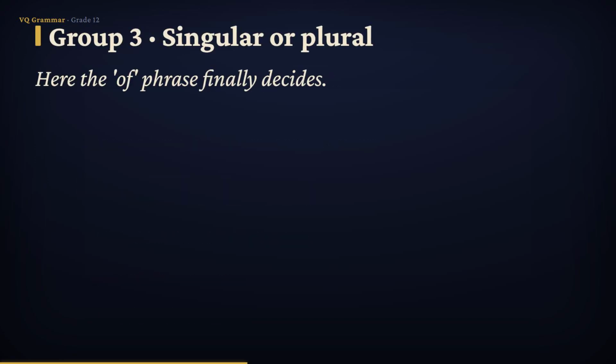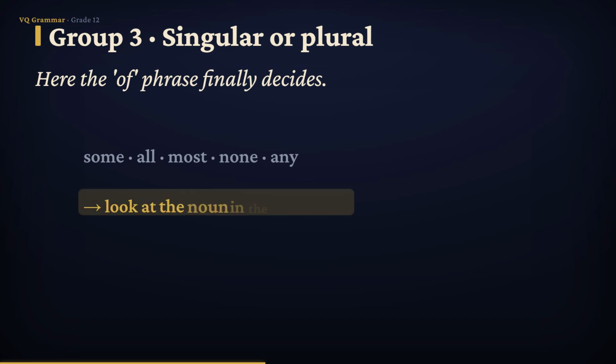The last group is the interesting one, because these words can go either way. Some, all, most, none, and any are singular or plural depending on what they refer to. And here, finally, that of phrase does matter. Look at the noun inside it.